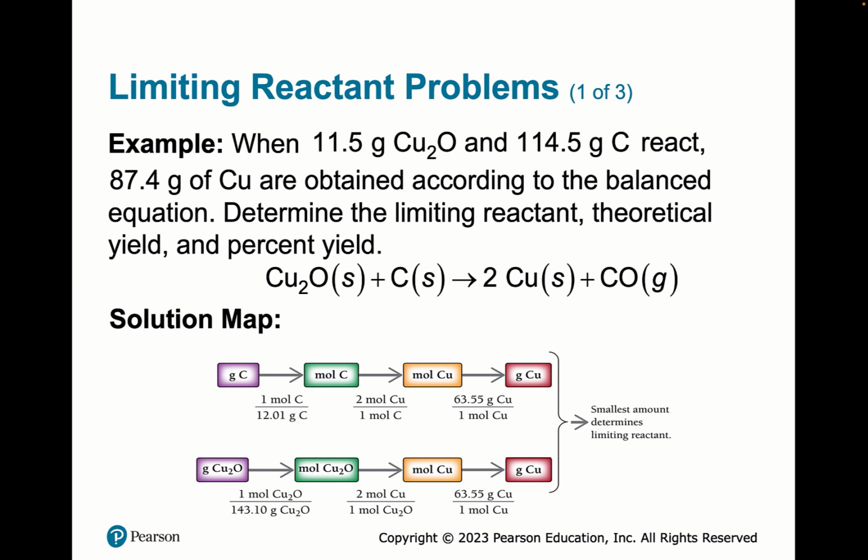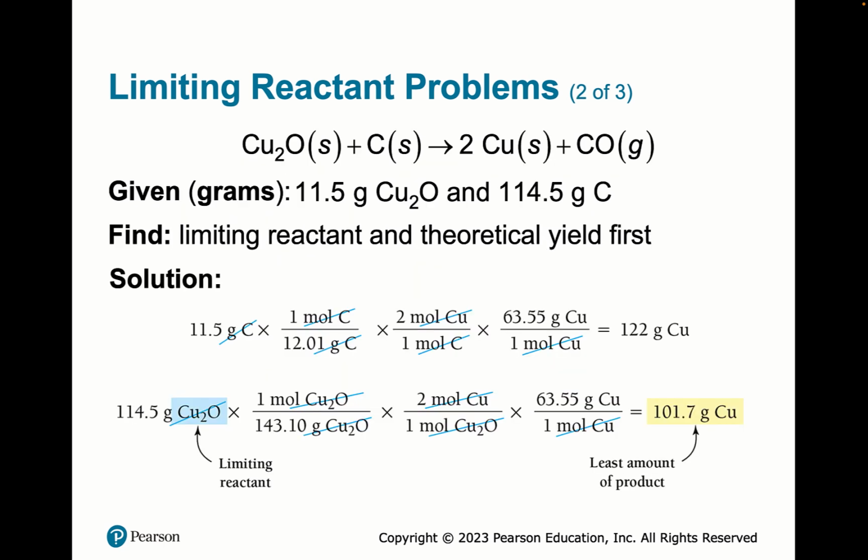The other thing is, if I was a plant manager, which one would I want to put in excess? Let's see if they actually balance this to have the carbon. Oh, good. We start with the carbon and the ore, and it turns out we had a little extra carbon for the ore, and the limiting reactant is the copper oxide.